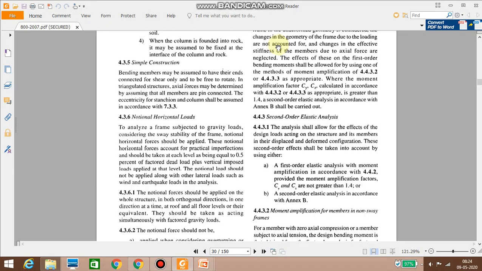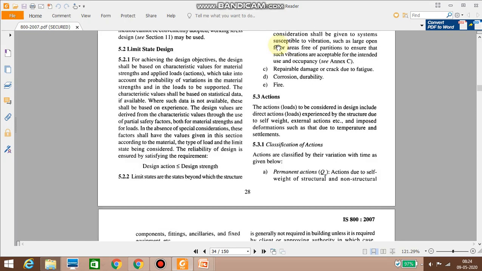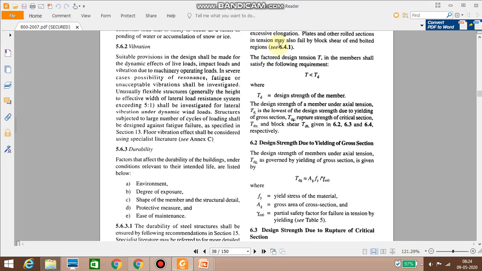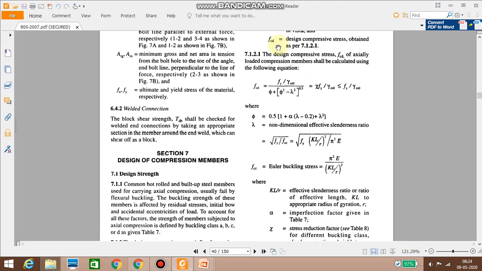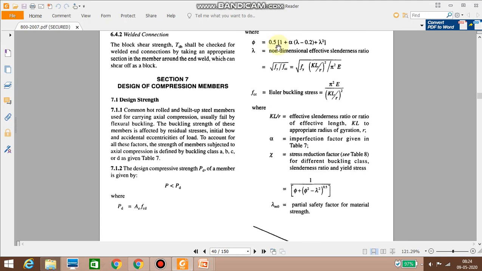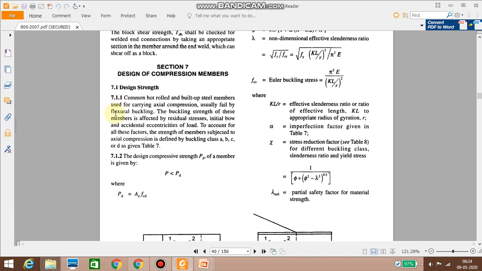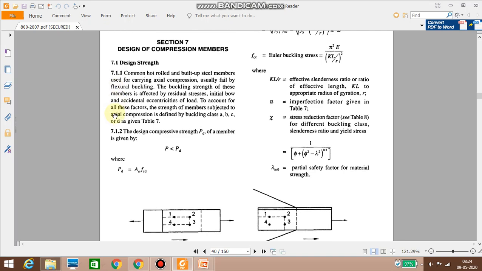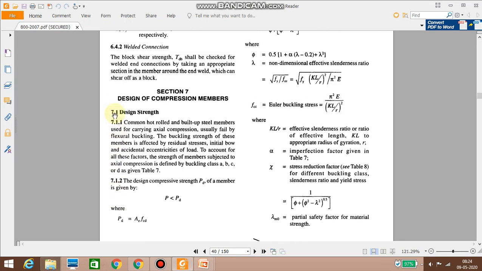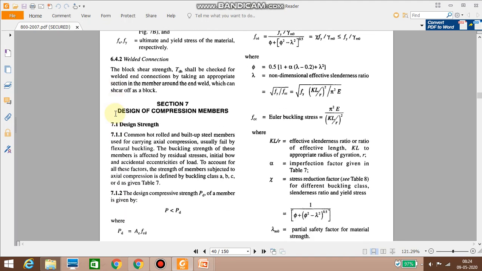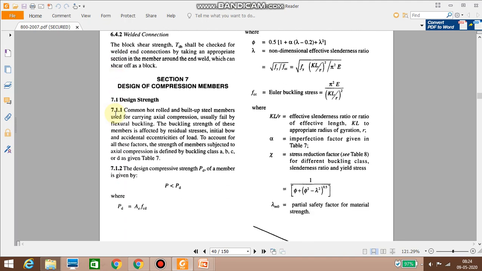Let us go to pages 34 and 35 and have a glance. On page number 34, we have the design strength of the column given in clause number 7.1. Here especially we will get a few formulas. You can go through that and we will discuss all these formulas in the coming video lecture.